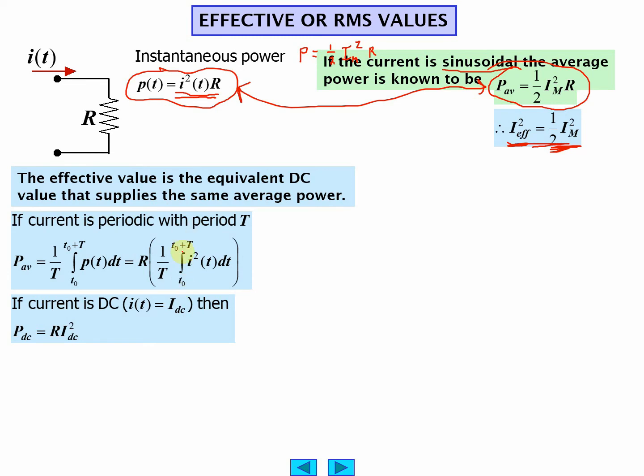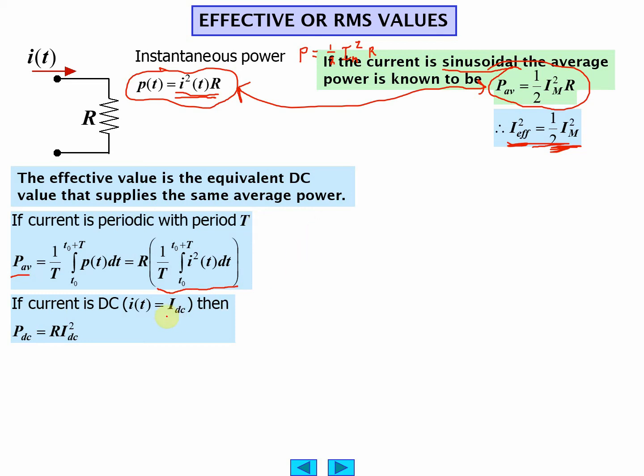You integrate over one period, I squared dt, divided by the length of the period, and if you define this as the I effective squared, then the average power is going to be R times I effective squared.